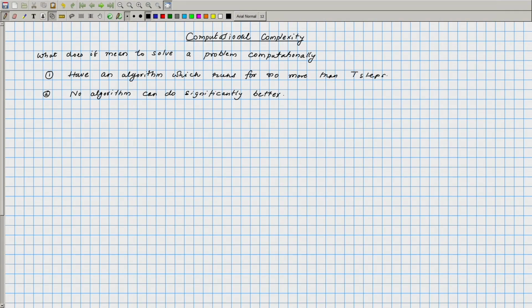First of all, you need to have an algorithm, and then you want to say that that algorithm is optimal, and when we are comparing two problems, we will say that one problem is harder if the optimal algorithm for one takes significantly more time than the optimal algorithm for the other problem. So, computational complexity essentially studies or classifies problems based on their computational difficulty.